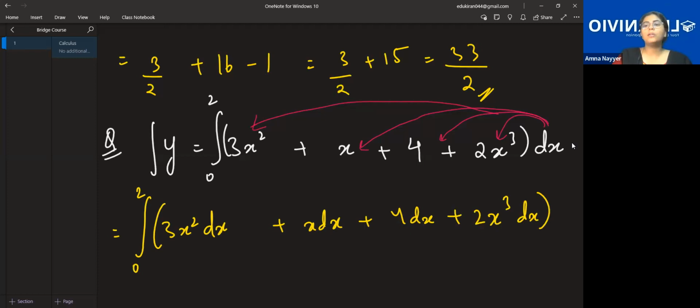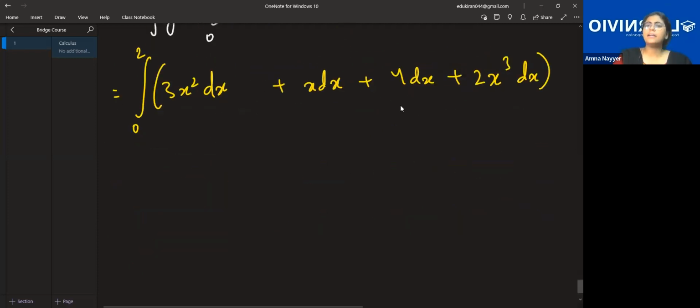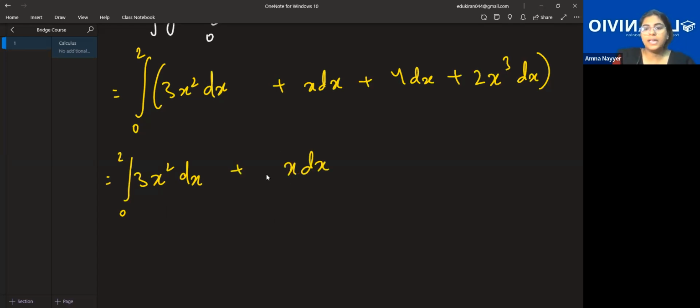Now what we'll do? The best way is to separate these integrals so that it eases our answer and gives us the form we are familiar with. So 3x square dx, we'll integrate from 0 to 2, plus x dx, we'll integrate from 0 to 2, plus 4 dx, we'll integrate from 0 to 2, plus 2x cube dx, we'll integrate from 0 to 2.